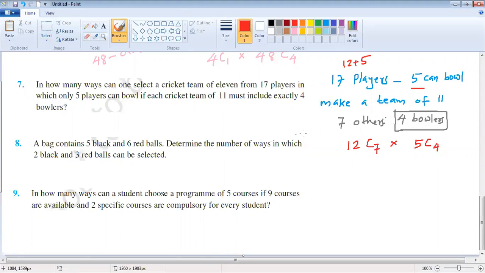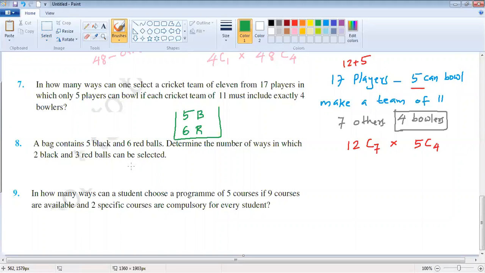Next question. You have to find the answer. A bag contains 5 black balls and 6 red balls.